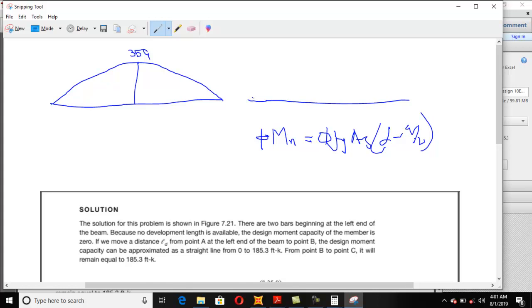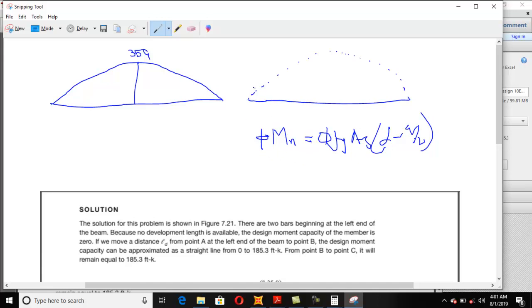Now if I draw both these lines, I draw the points of this diagram here.